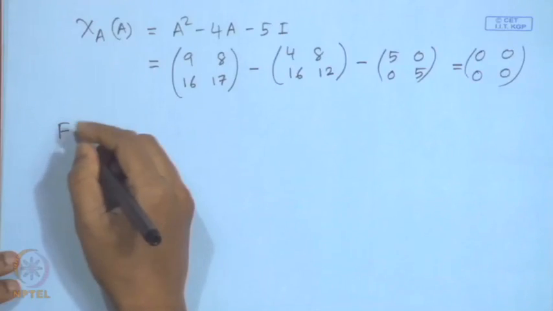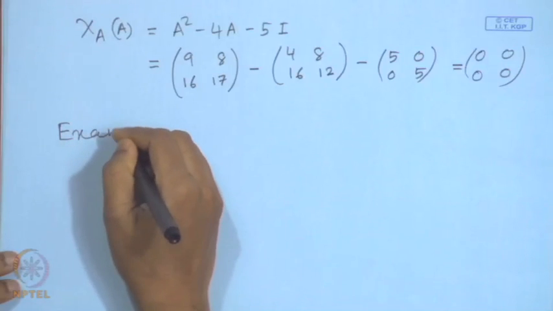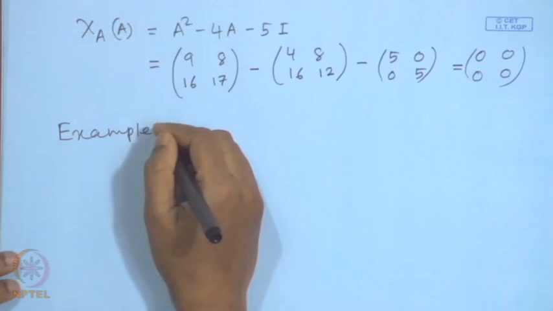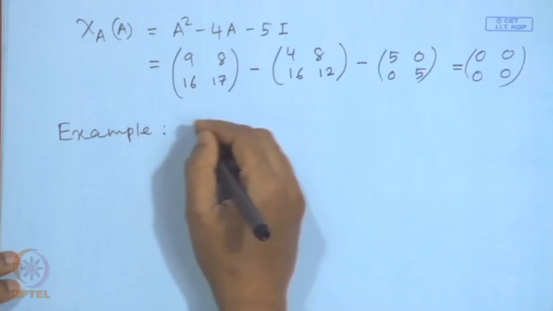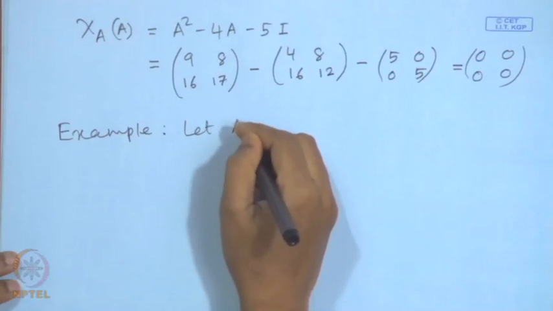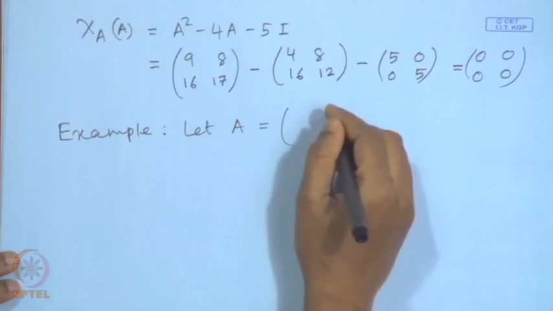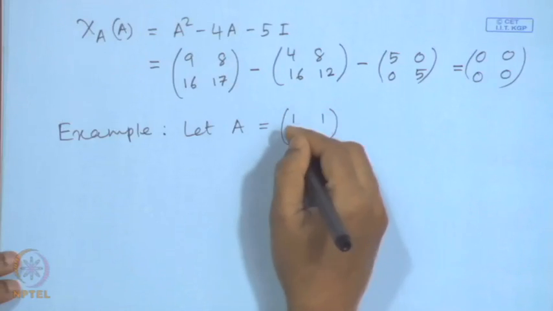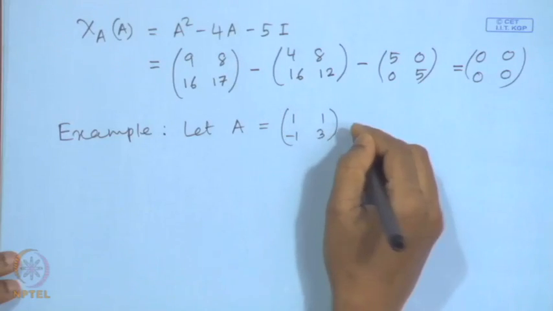Let us see one example in support of this. We consider A to be the matrix 1, 1, minus 1, 3.